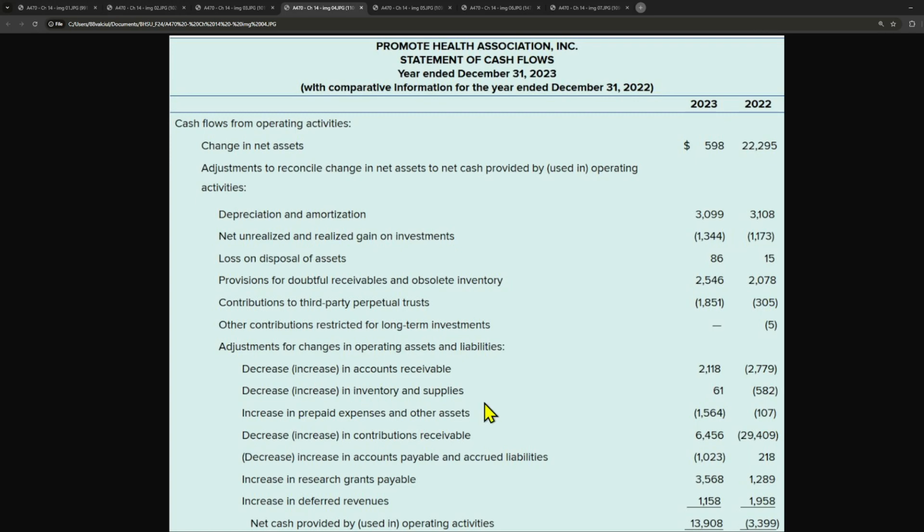We run through all the current assets and current liabilities and come up with a net cash provided by, or used if it's negative, in operating activities. This is relatively straightforward and follows the same format as a for-profit cash flow statement, with the difference that we don't start with net income, we start with net assets.